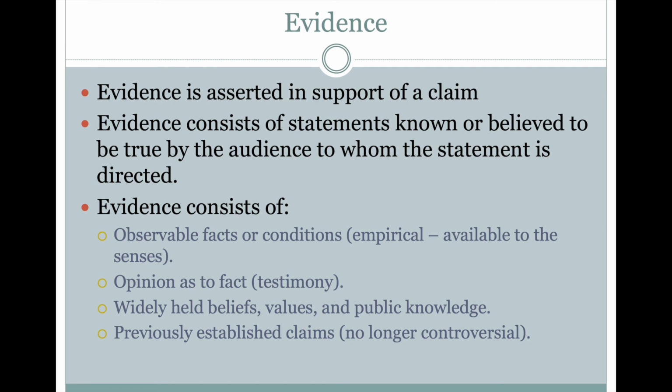So once a claim has been established as true, it's no longer doubted or controversial, and because it's now more widely believed, it can function as evidence for the next claim. And in that way, we could build on a chain of inferences to support an ultimate claim to which our whole argument might be leading.